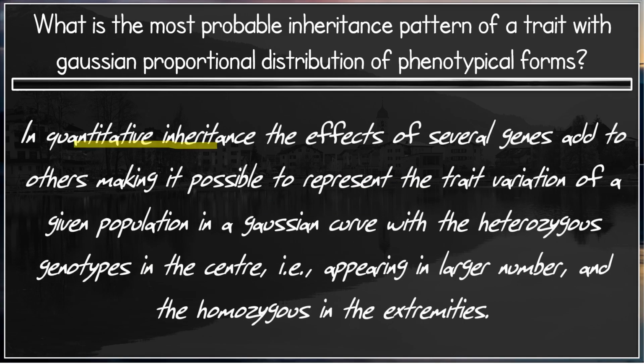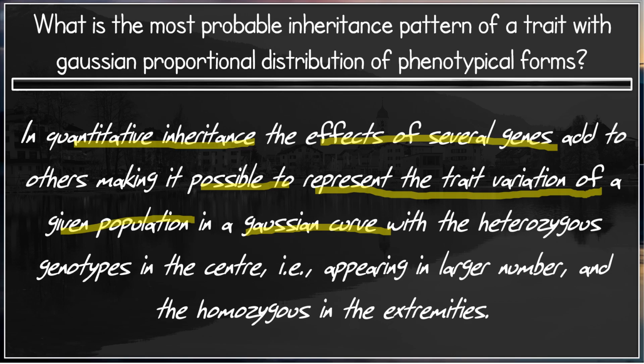In quantitative inheritance, the effects of several genes add to each other, making it possible to represent the trait variation of a given population in a Gaussian curve, with the heterozygous genotype in the center, i.e. appearing in large number, and homozygous in the extremities.